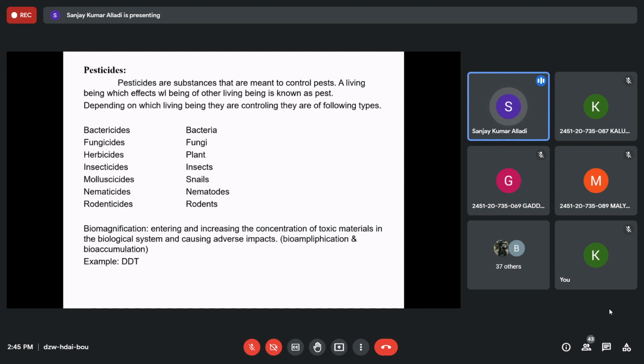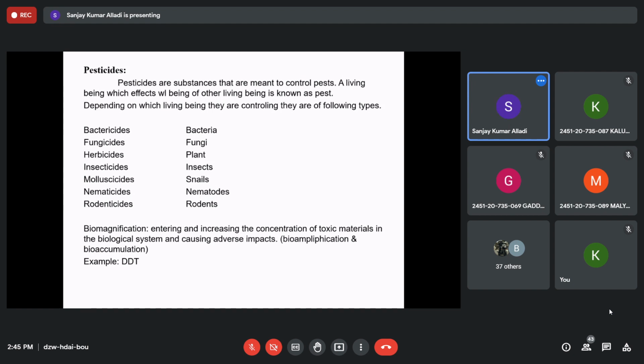Depending on the type of pest they are controlling, these pesticides are of different types. If it controls bacteria, it is called bactericidal. If it controls fungus, it is called fungicidal. Herbicides or weedicides control plants. Insecticides control insects like mosquitoes; the mosquito repellents we use, like All Out, are insecticides.